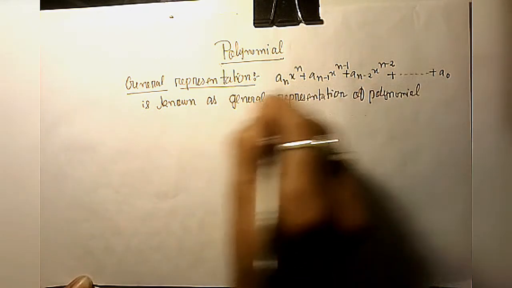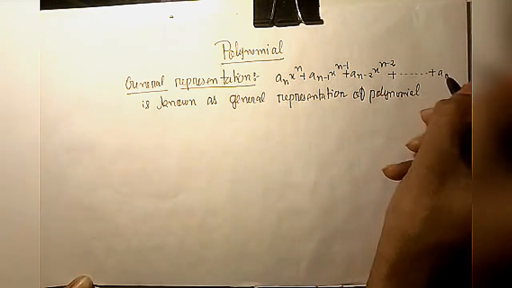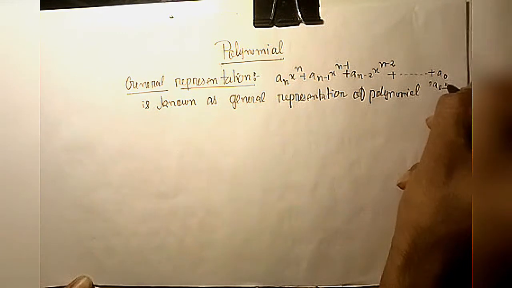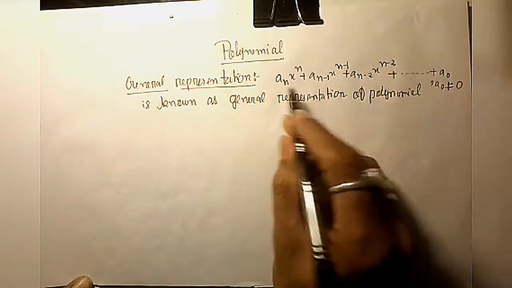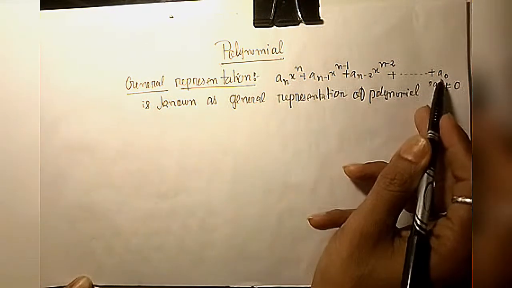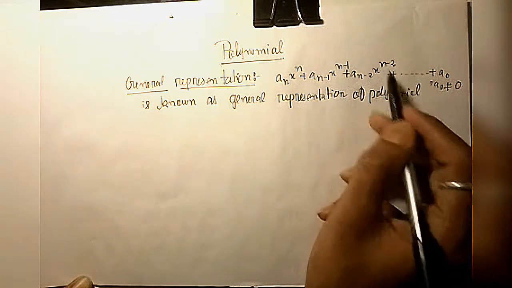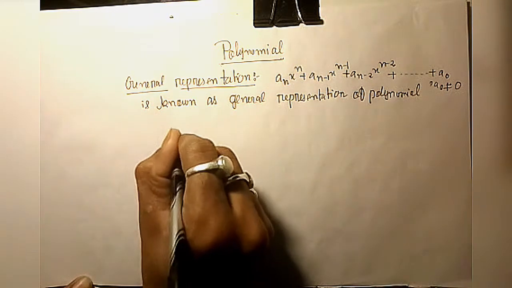In this representation, how many terms have we seen? n plus 1 terms. That means the number of terms is n plus 1, and a_n is not equal to 0. This is the important condition.